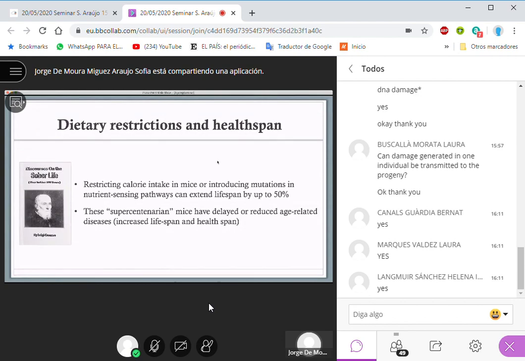People that go into very serious restriction start having osteoporosis problems because they don't ingest enough calcium. They start having heart rate problems because their sugar levels are very low, et cetera. So the idea is that you find genetic ways of dealing with the nutrient sensing pathways that are not directly affecting the ingestion of calories by people.